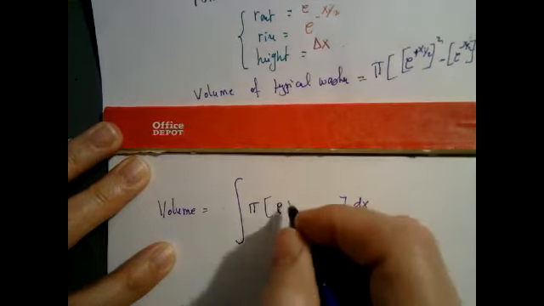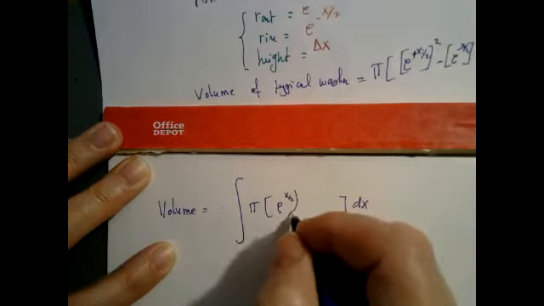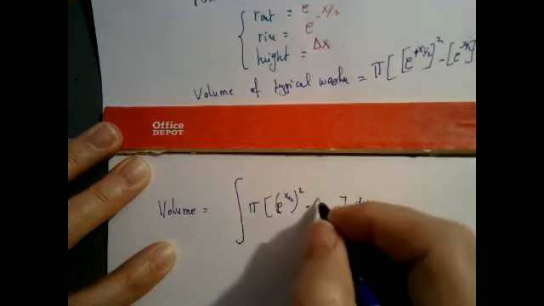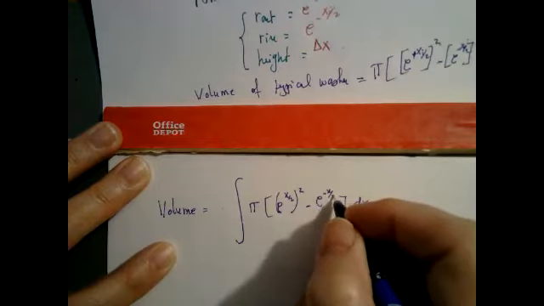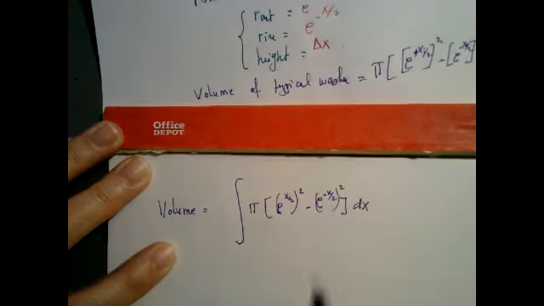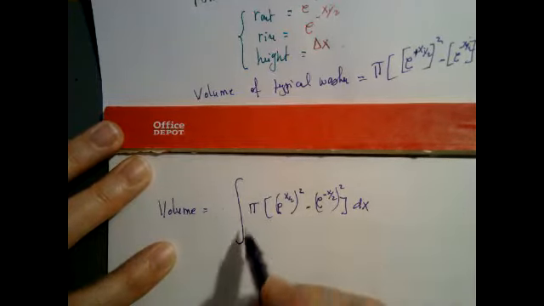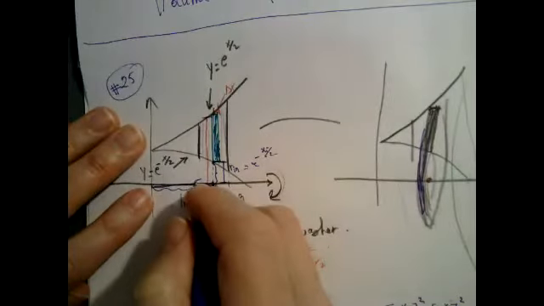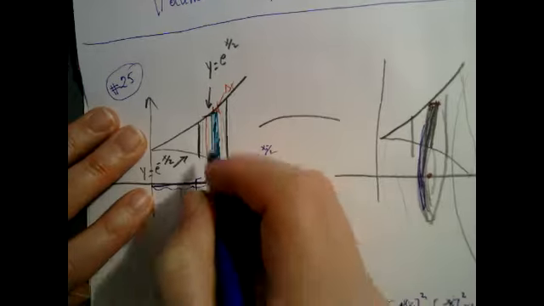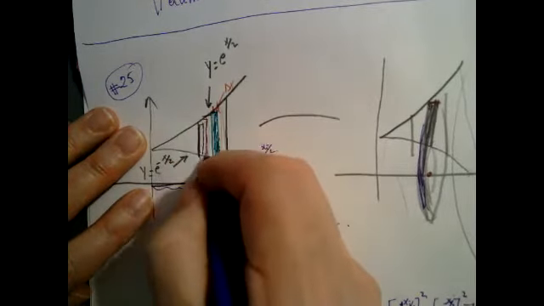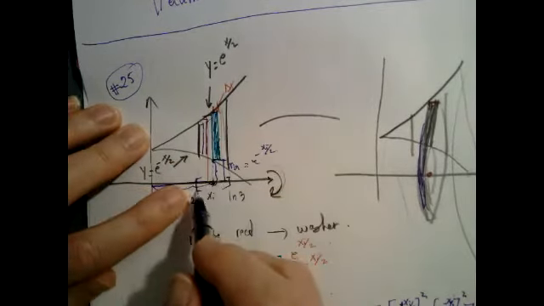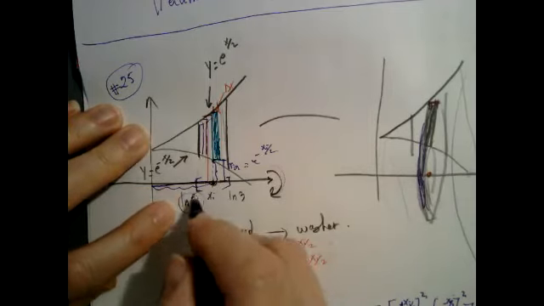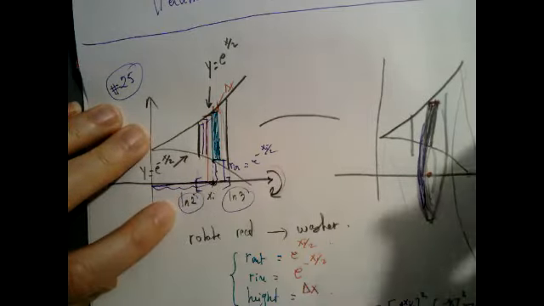And this is e to the x over 2 squared minus e to the minus x over 2 squared. And the boundary, I always go to my region. I say, what should I split into pieces to cover all this with those little rectangles? I have to split the interval between ln of 2 and ln of 3.